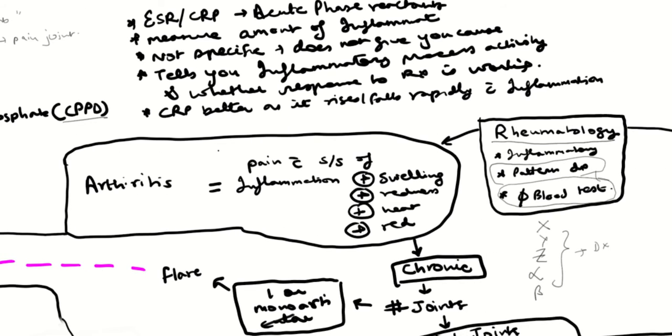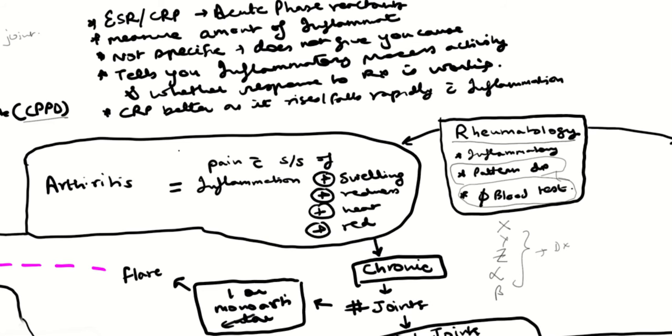ESR versus CRP. So a lot of these diseases are associated with inflammation. And that inflammation could be in the joint, which you can see with swelling, redness, heat, right? And then, of course, pain. So remember the cardinal signs of inflammation, okay?